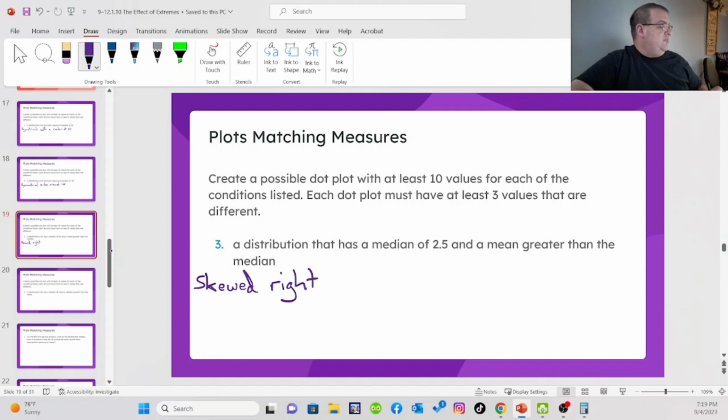And this will cause the mean to be greater than the median. And I need my center to be at 2.5. So as long as you drew something that was skewed right, meaning the tail goes to the right, and your center point is at 2.5, it'll match this description.